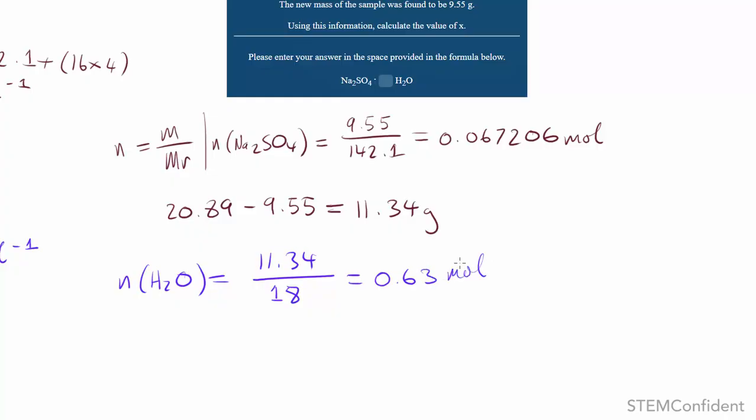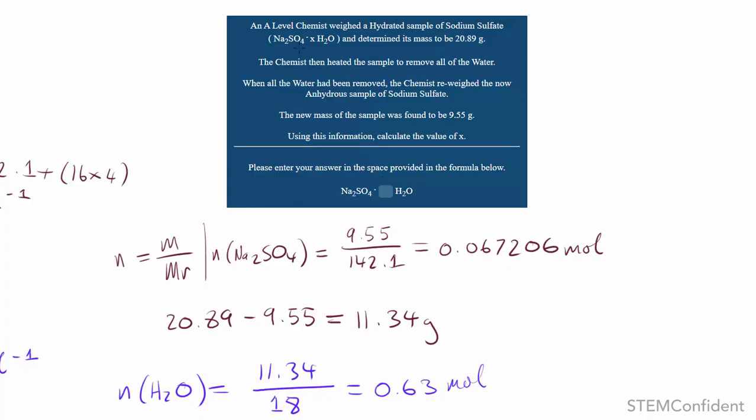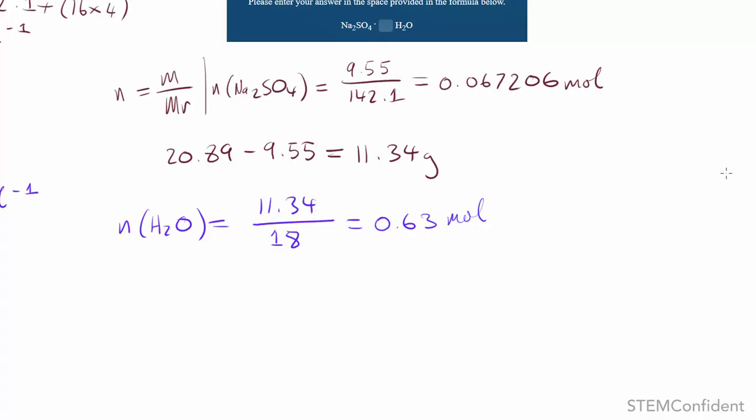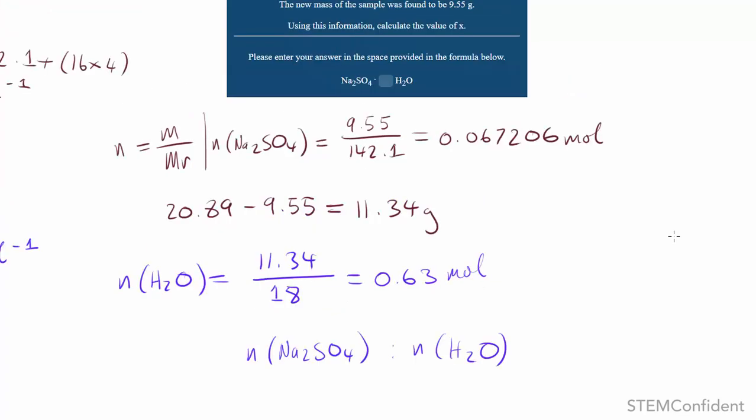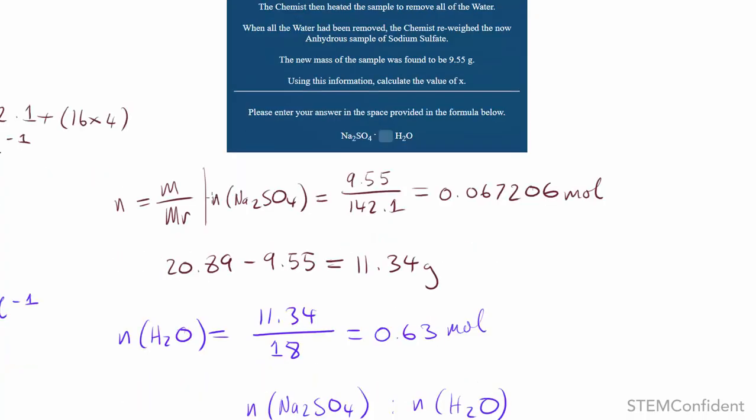Now, one of the things at this stage we're going to do is set up a ratio. Because, as you can see in this equation, we've got Na₂SO₄ on the left-hand side, we're going to put the moles corresponding to that on the left-hand side in the ratio. So this ratio is between the number of moles of Na₂SO₄ and the number of moles of H2O. You can see the value of making this comparison because of how this is set up here.